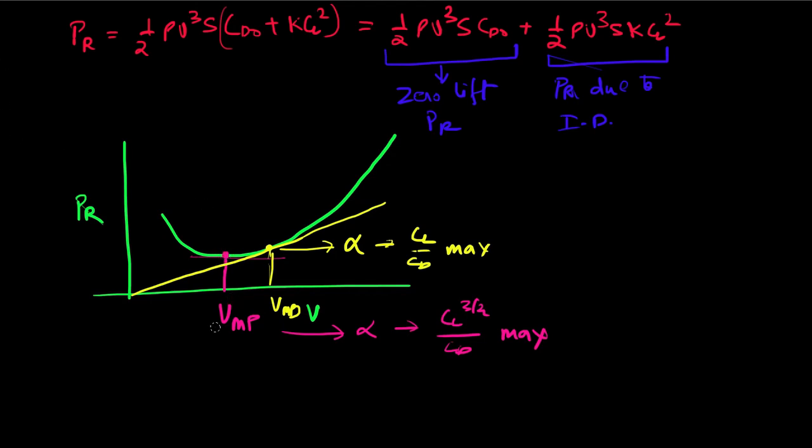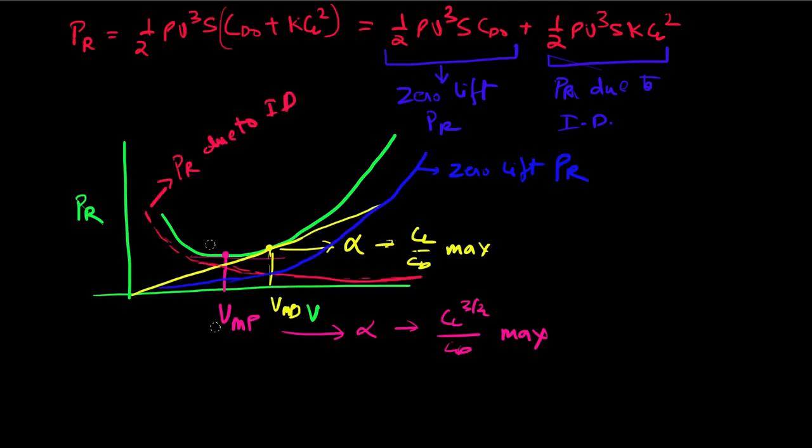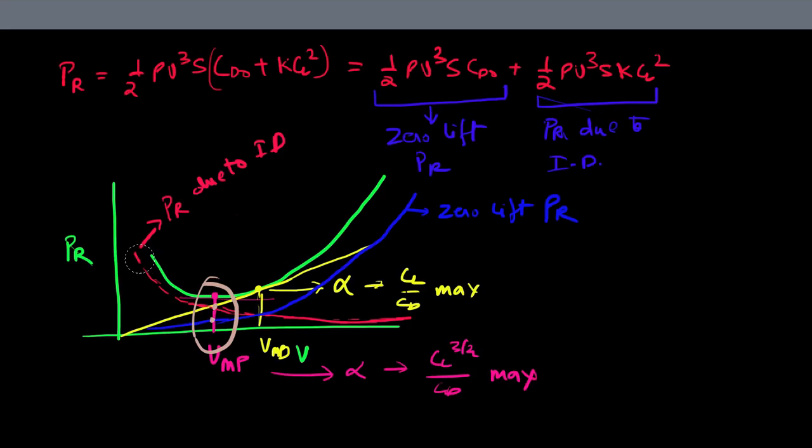Now if I draw induced power required and zero lift power, I will get curves something like this. So this is the curve for power required due to induced drag, and this will be the curve for power required due to zero lift. From these two curves we can see that at the minimum power condition, the power required due to induced drag, that is this point, is more than the power required due to zero lift drag, that is this point.